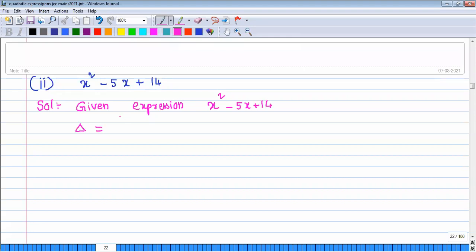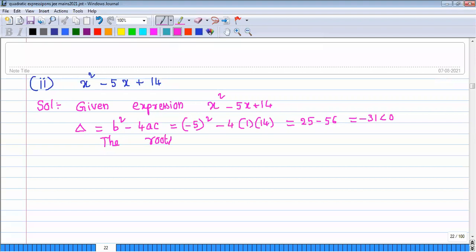Delta value is minus 31. b square minus 4ac: minus 5 square minus 4 into 1 into 14, 25 minus 56, it's minus 31, and it is less than 0. Minus 31 is less than 0. That means roots are imaginary. The roots are imaginary means theorem 1.3.